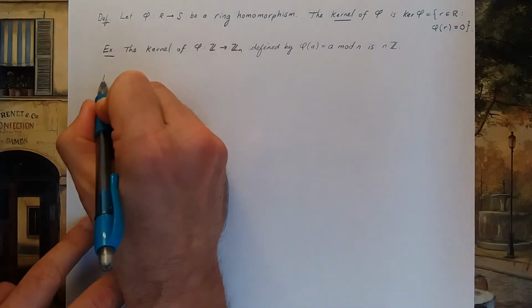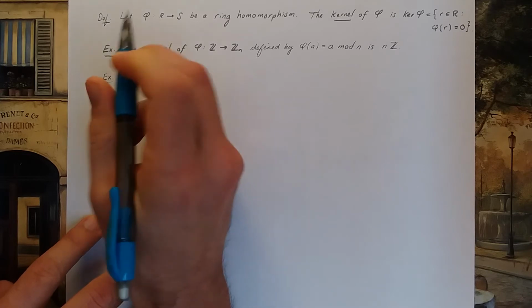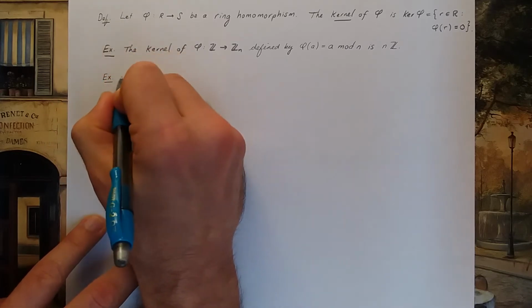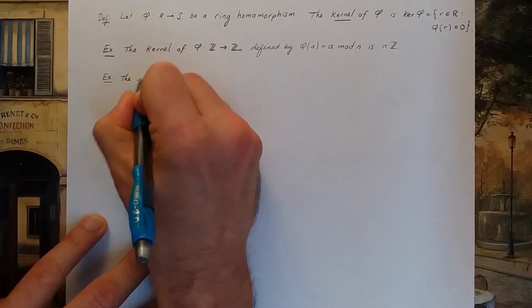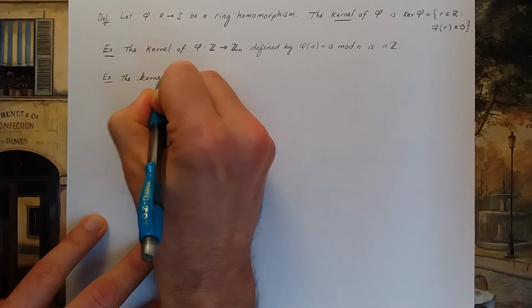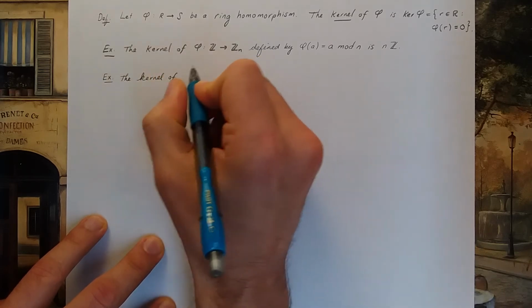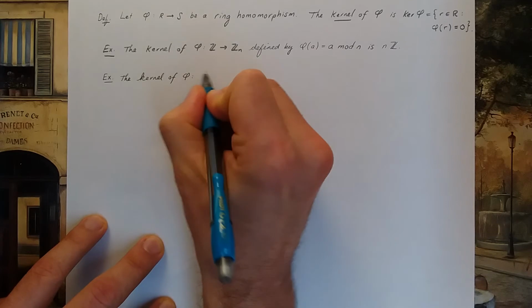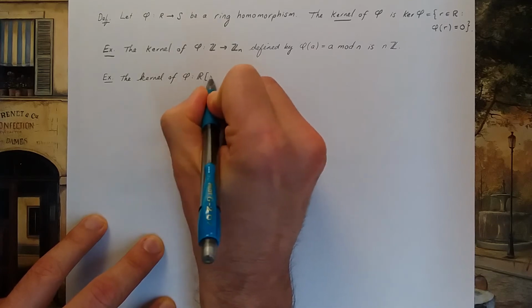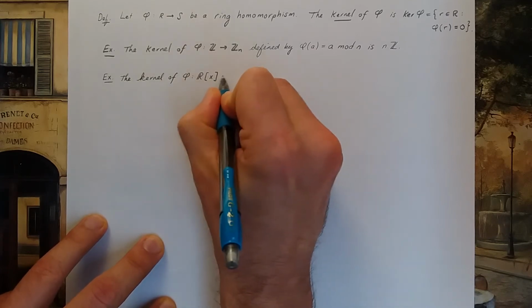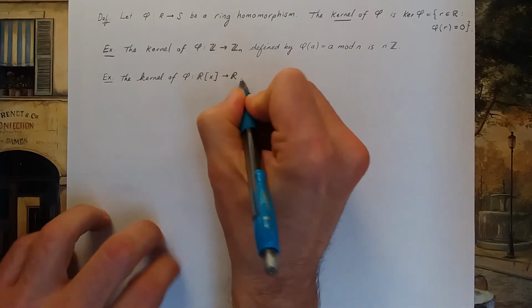All right, let's do another example. Let's do the evaluation homomorphism. So let's look at the kernel of the evaluation homomorphism phi. It's going to send polynomials with real coefficients to real numbers.